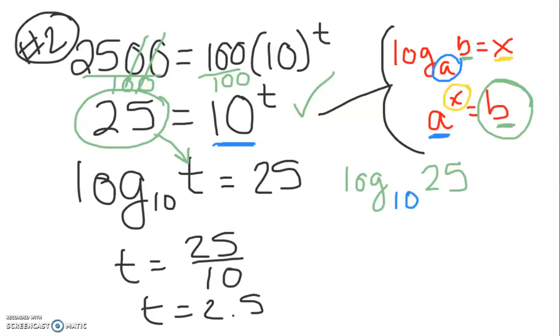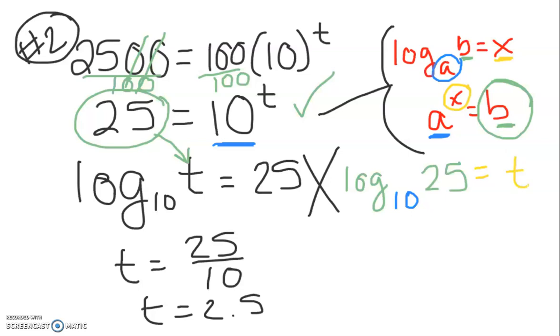And then finally, the equals, the x should be the exponent. Well, the exponent is this. So here's where they made that mistake. This is the bad step. They put the 10 in the right spot, but they mixed up the 25 and the variable t. Now I should probably put a t there if I'm going to stay uniform. That's a t. I really messed it up, but you know.